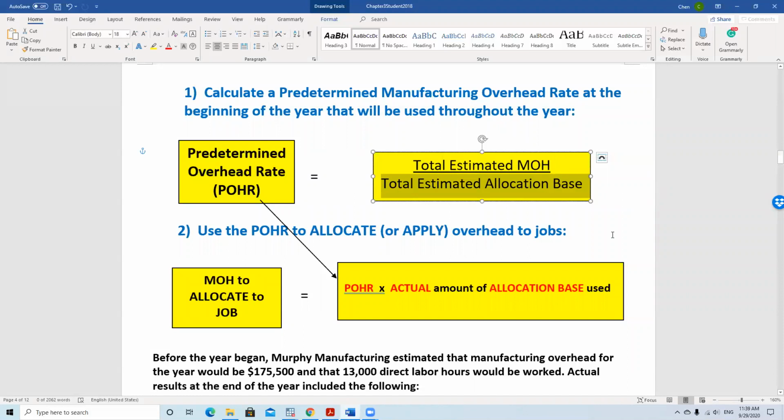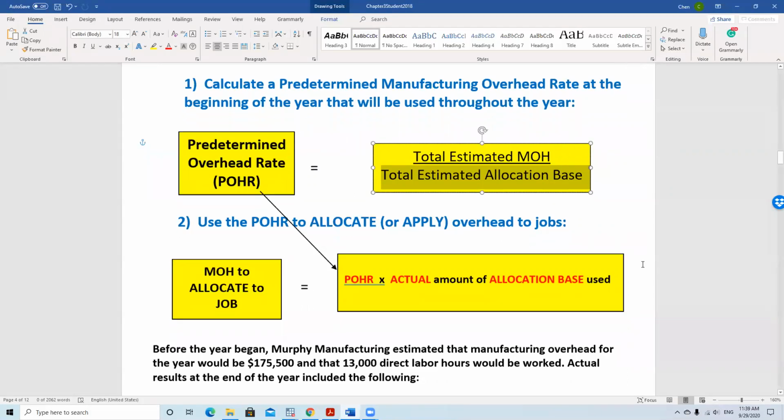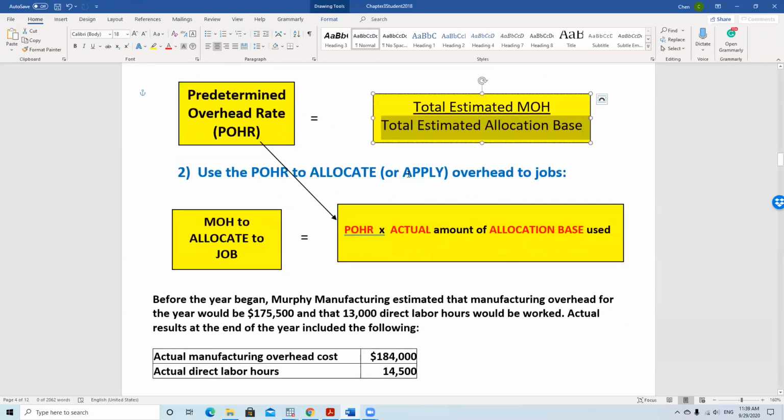Like how many direct labor hours you're going to use during the year, or how much direct material you're going to use for the year. And then when the allocation base actually happens, that you have direct labor hours, you have labor cost, then you use this predetermined overhead rate times the actual amount of allocation base used.